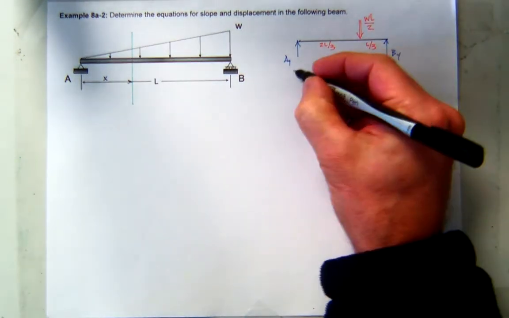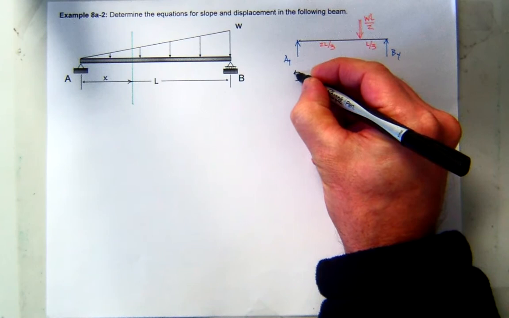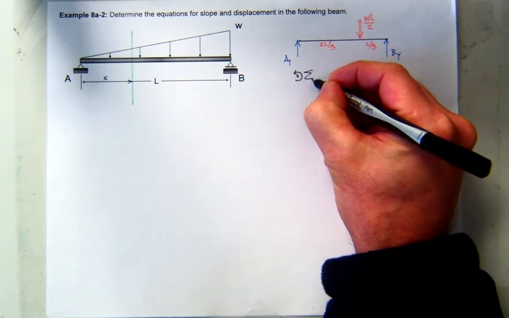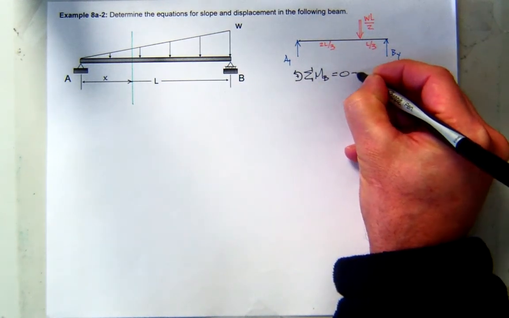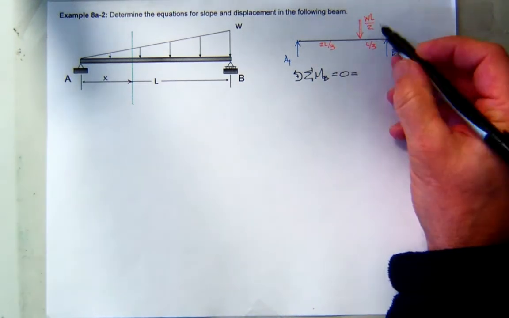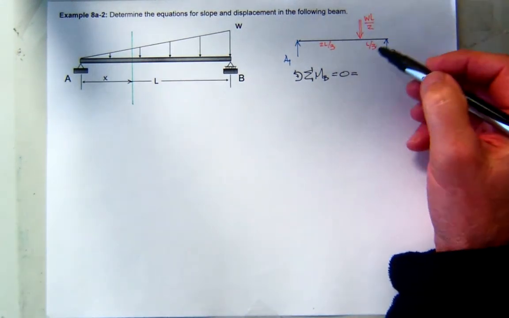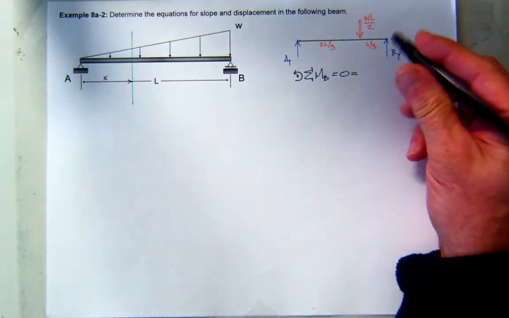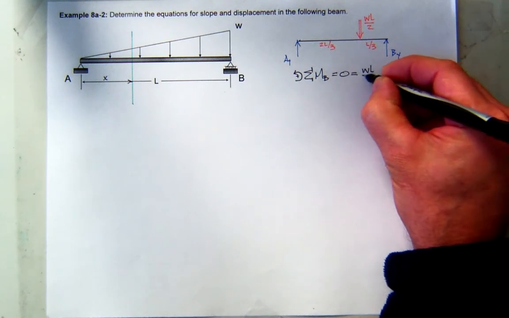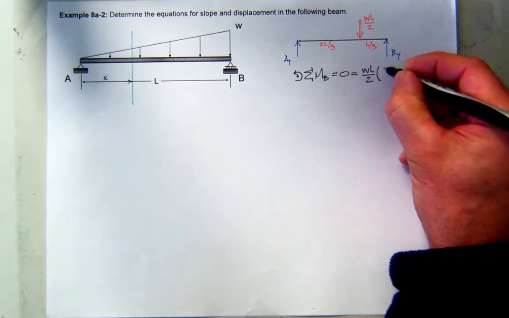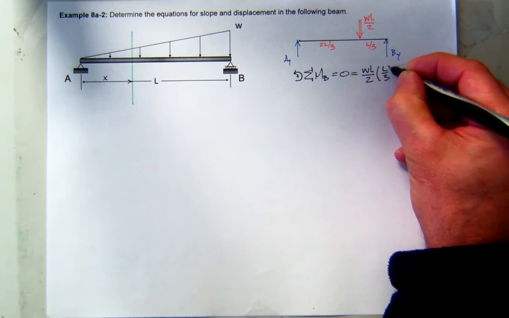To find AY, we will sum moments at B and set it equal to 0. So about B, my concentrated equivalent load creates what kind of moment? Positive or negative? Positive. So the force is WL over 2 times a moment arm of L over 3.